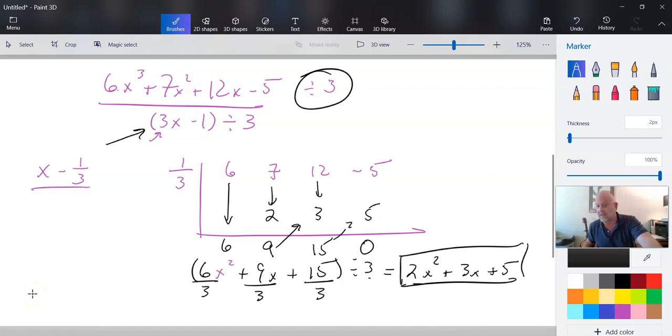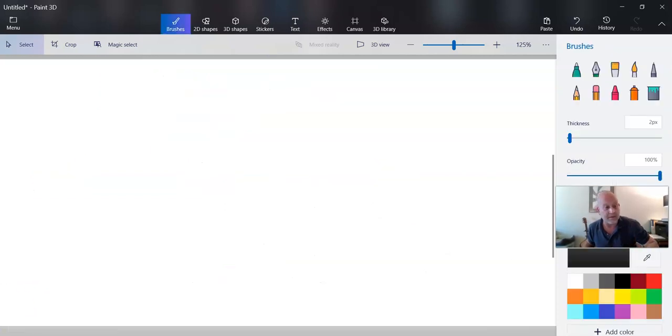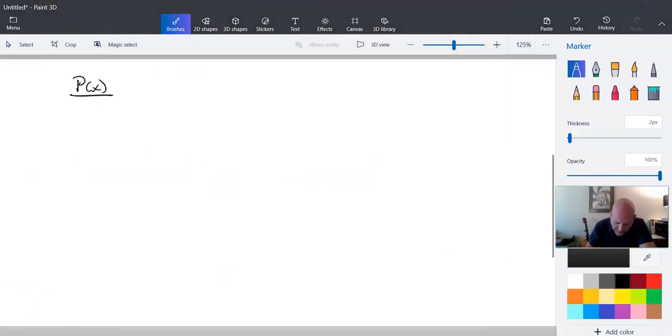Okay, so let's talk a little bit about the remainder theorem. Let's delete that. So let's say we have p of x, and p of x is some polynomial, and I'm dividing it by x minus c. Now, I'm simplifying this so that it fits our situation a little bit better, but this does get generalized.